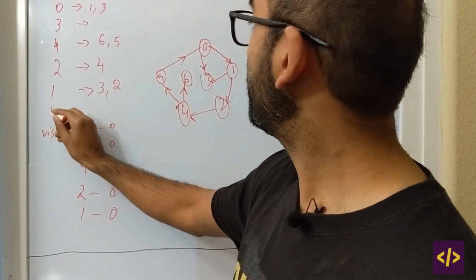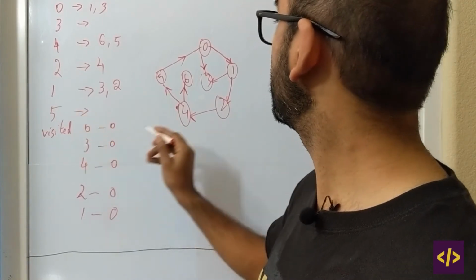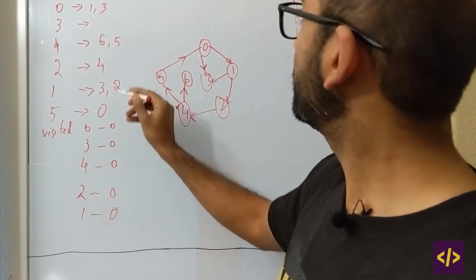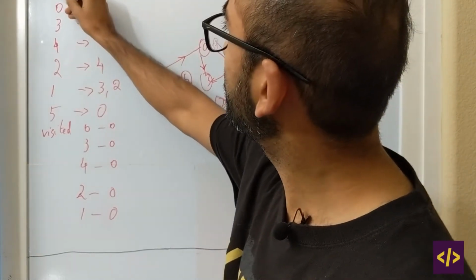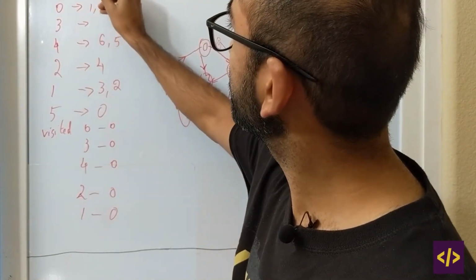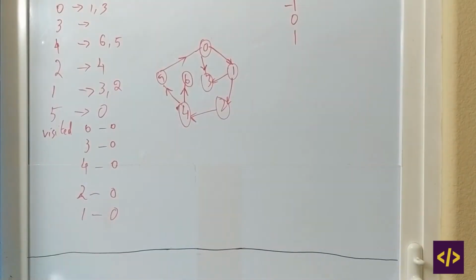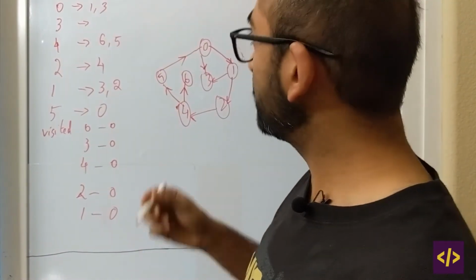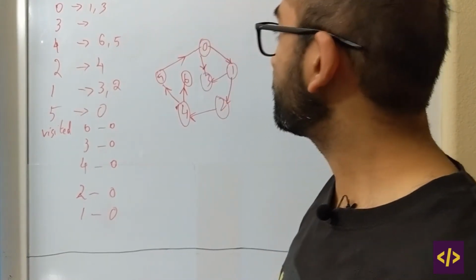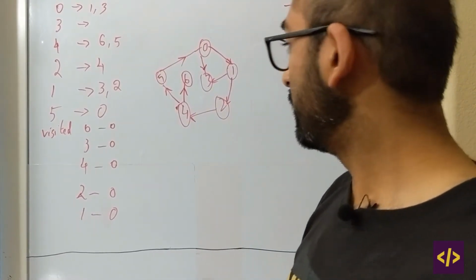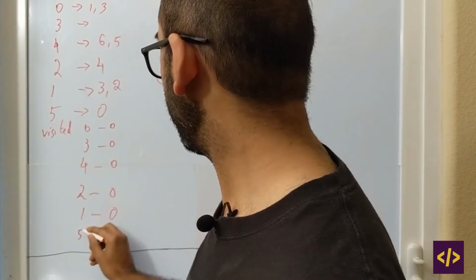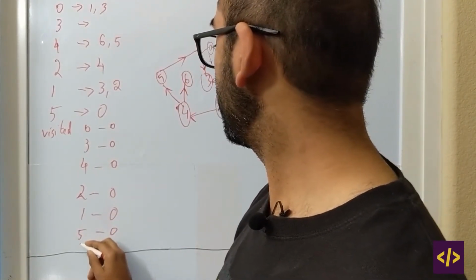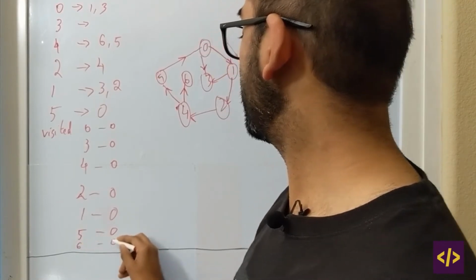What does 5 have? 5 has 0, and 6 is also a lonely one, so we just do nothing there. And what else do we have? We have 5, set to 0, and then 6 as 0.